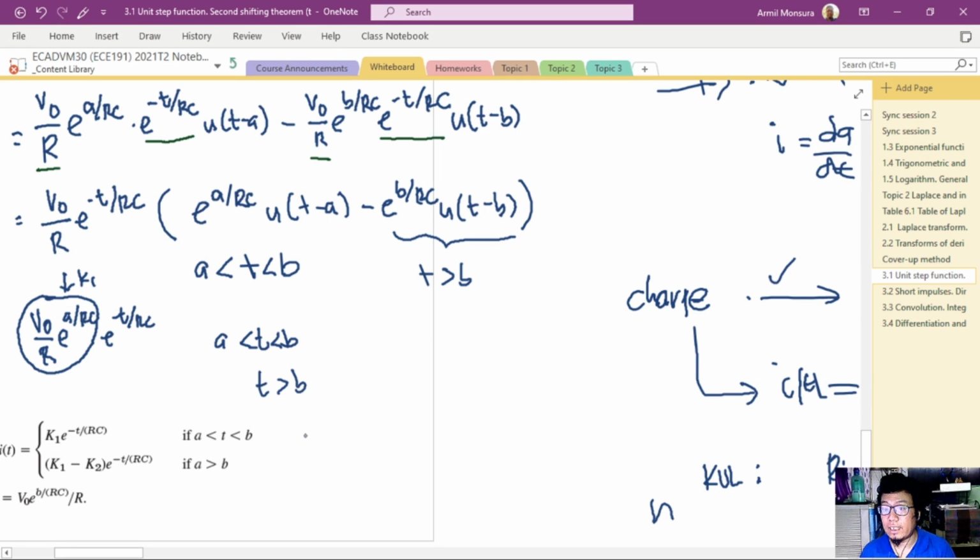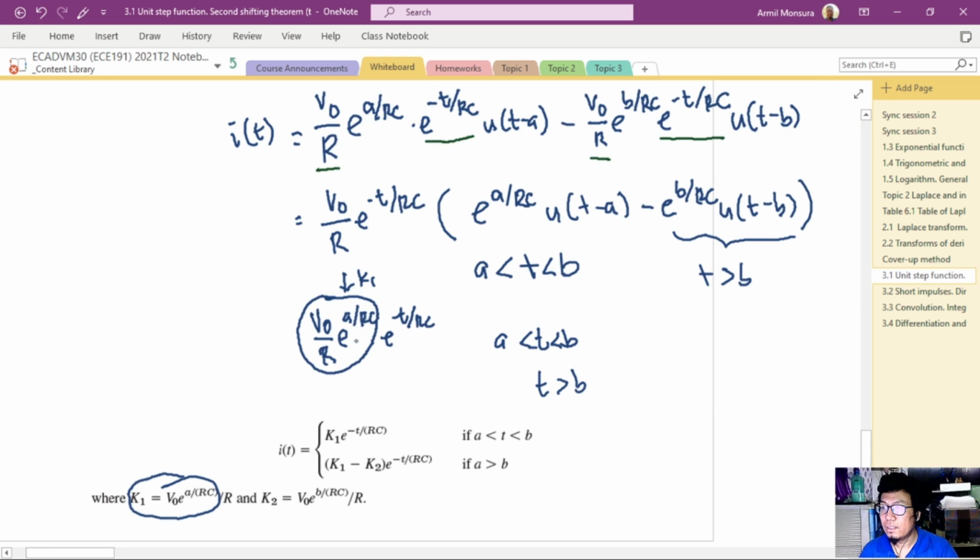In that case, you would now have this entire thing, v0 over r, multiplied by e raised to a over rc minus e raised to b over rc, multiplied by e raised to negative t over rc, when t is greater than b.